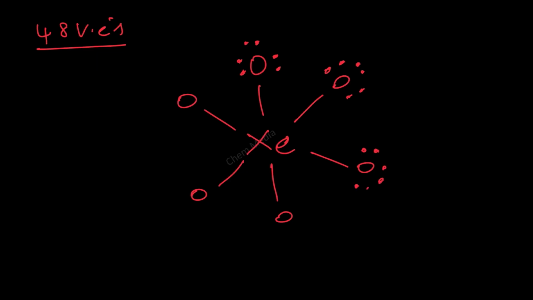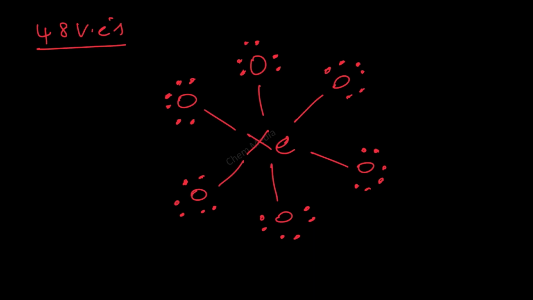Because each oxygen atom satisfies the octet configuration. So 6 times 8, that is 48. Therefore, we have accounted for all the valence electrons. So let's calculate the formal charge. The question is, is this the best Lewis structure?